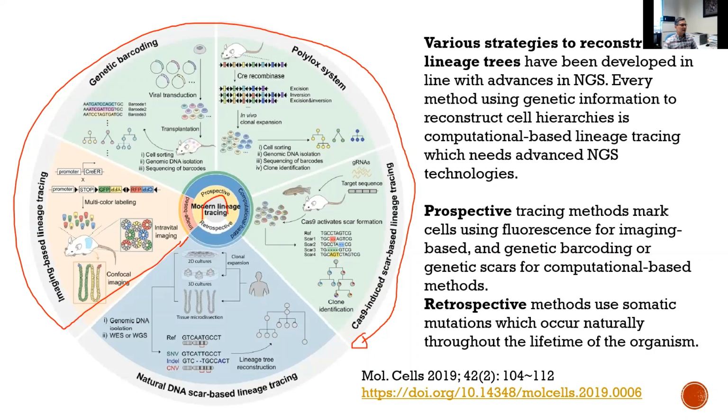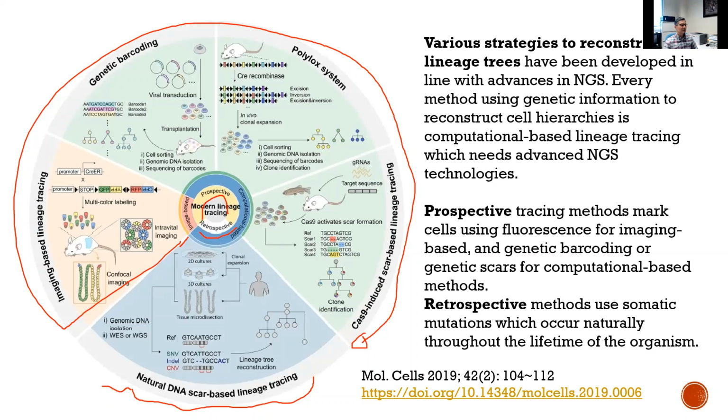On the other hand, the retrospective is based on the detection of natural DNA markers in the population or in the pedigree system. So you sequence individuals and identify those mutations and follow the mutations, and you can somehow reconstruct the history of the cell development or evolution.